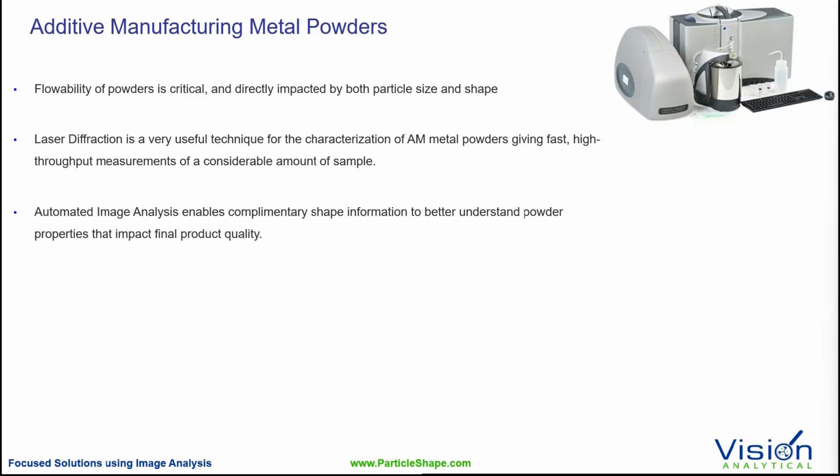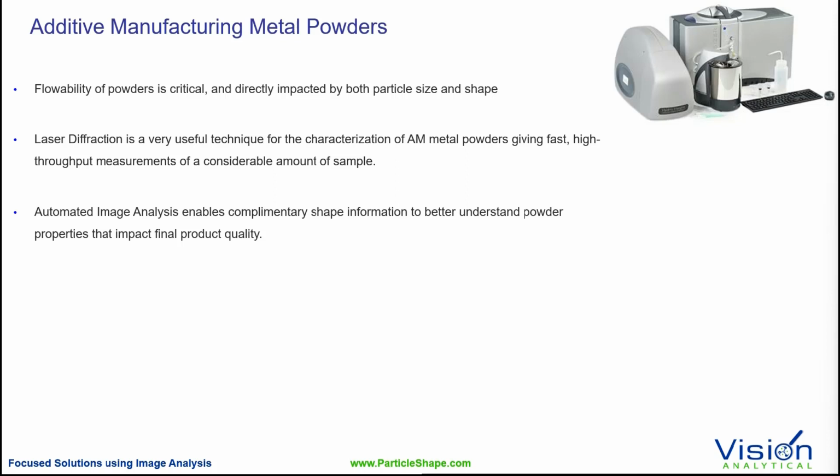Image analysis has also made its way into the additive manufacturing world when it comes to 3D printing using metal powders, because as we just spoke, it's not only about size, but also the flowability and the compactability and deposition rates. A lot of it has to do with particle shape.